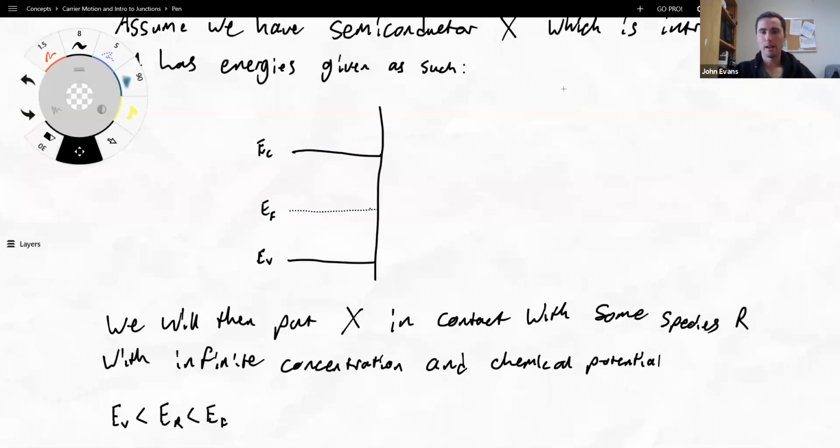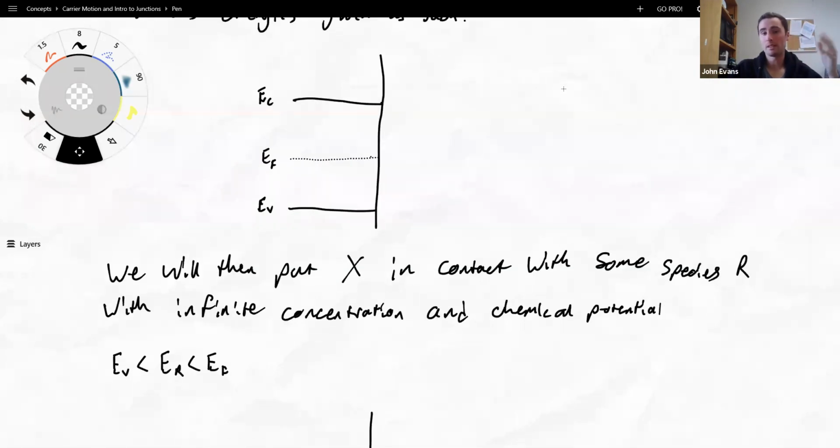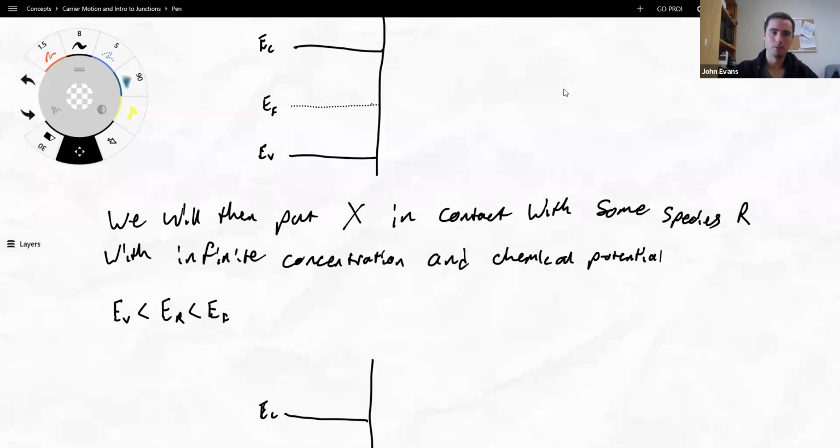All right, so now let's put our semiconductor X in contact with something. From our previous examples, we can think about what kind of motion we would expect from putting it in contact with something. So we're going to put it in contact with, let's say, a solution with some species R, some chemical species that has an effectively infinite concentration, and a chemical potential that is in between our valence band and Fermi level.